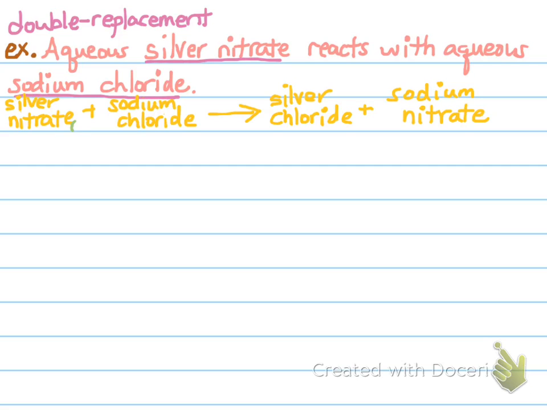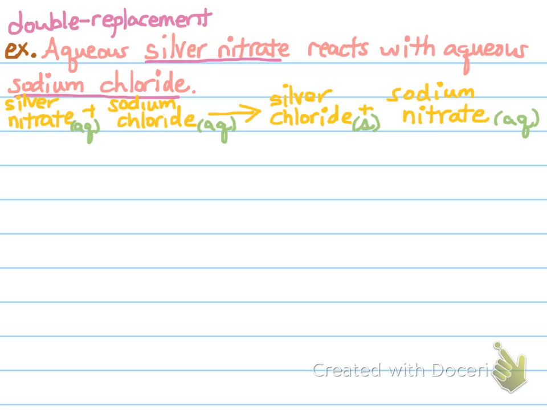It already told us that silver nitrate was aqueous, and I like to add this up here. Eventually you're going to learn how to know this, but for right now, I'm just going to tell you that silver nitrate is aqueous and silver chloride is a solid. It's a precipitate. So now we've written our word equation.